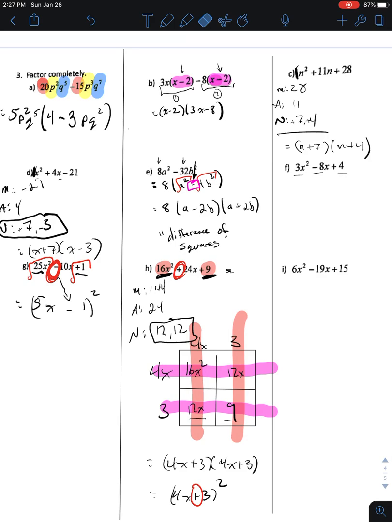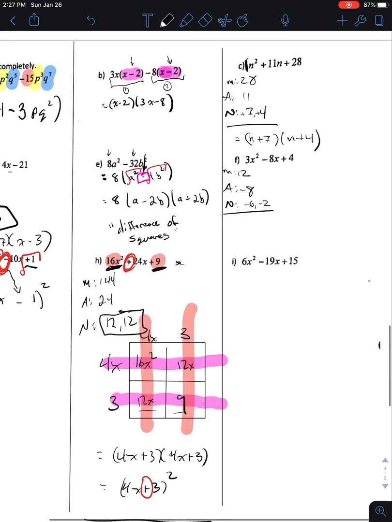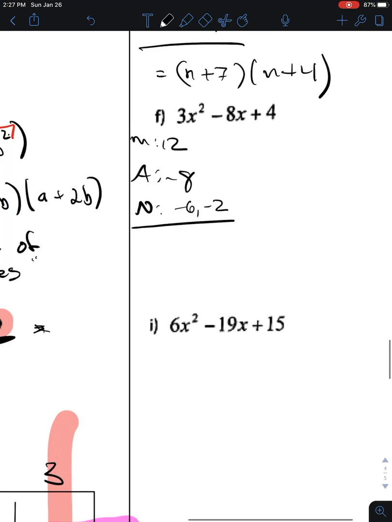Next one, F. You can rip through these pretty good now. I don't see anything in common amongst these three terms, so you're stuck. What are you doing? You're doing the table method. So two numbers that multiply to 12 and add to -8. 3 times 8 is 24.